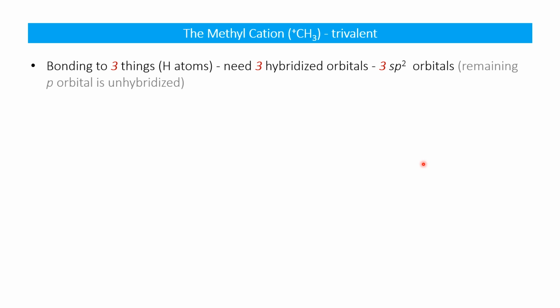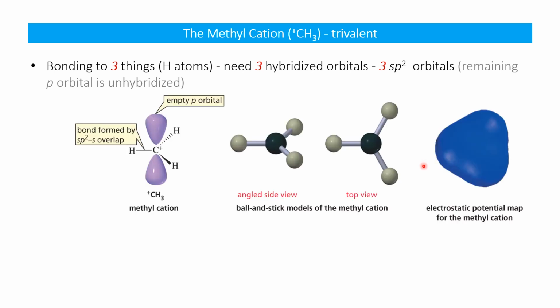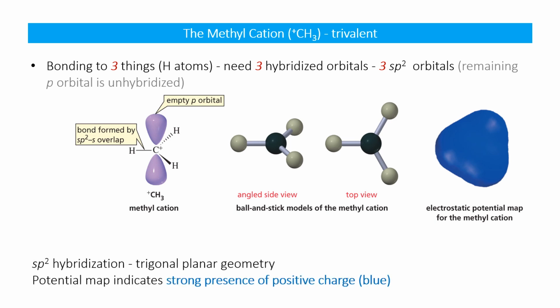And if we think about the methyl cation that is sp2 hybridized, then the structure would be the sp2 hybrids overlapping with the 1s, with an empty p orbital. Now, if you look at the electrostatic, you see that it's purely blue, meaning that there's a strong presence of a positive charge.